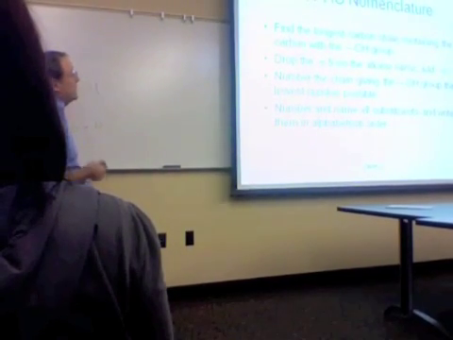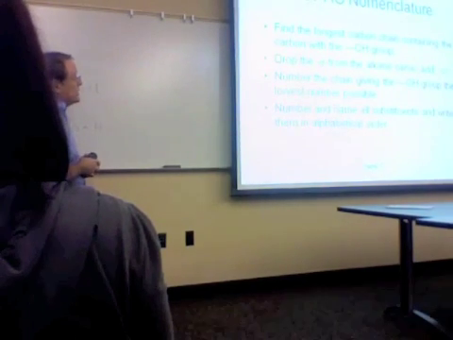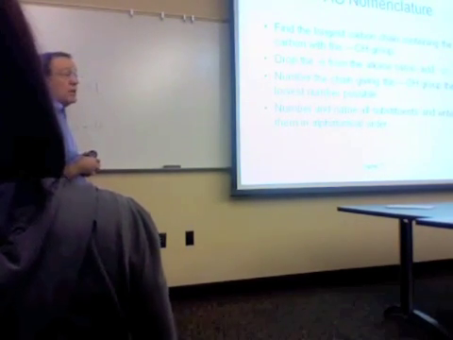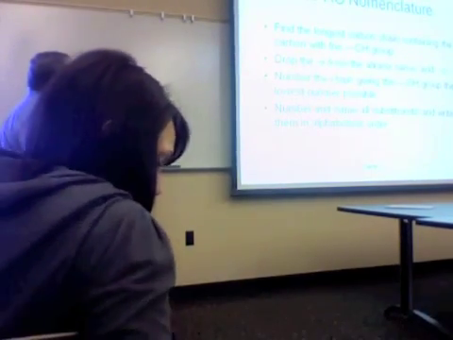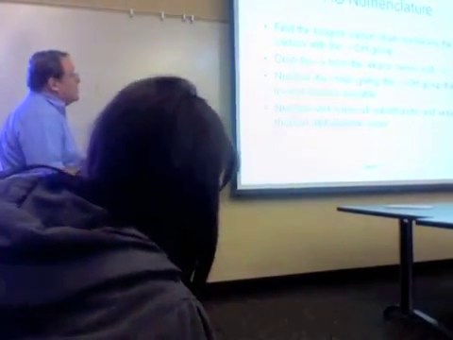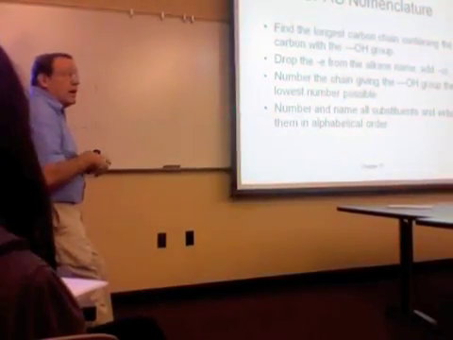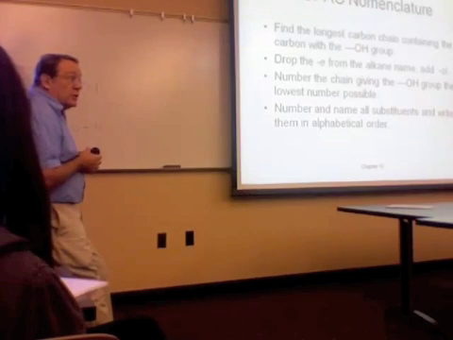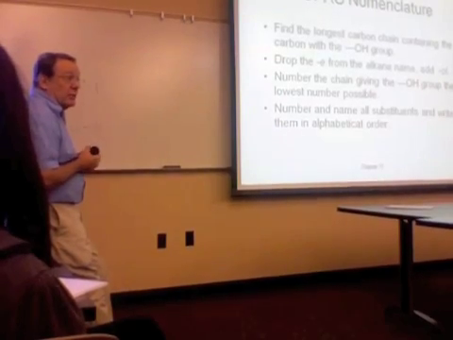We drop the E ending from the alkane and add an OL suffix. So butane becomes butanol, propane becomes propanol, and so forth. We number the chain from whichever end is closest to the alcohol group and give the alcohol a number. So I could have 2-butanol, for example, or 3-heptanol. Does that make sense?